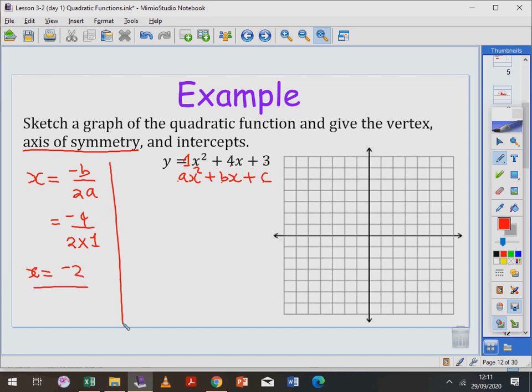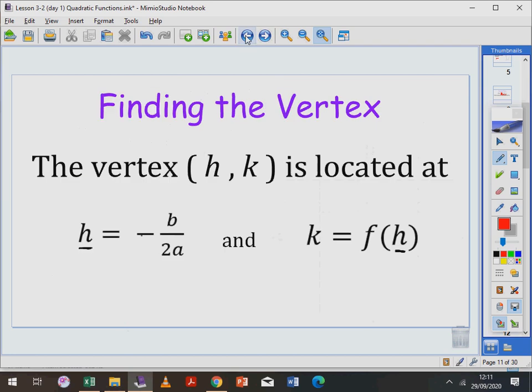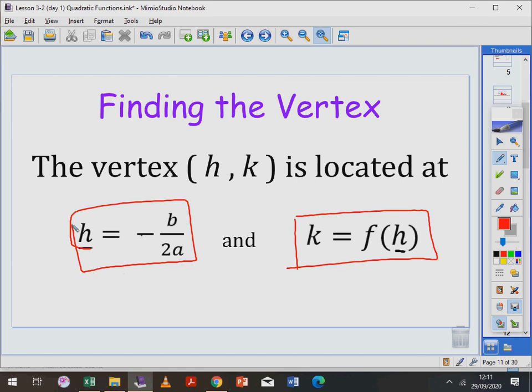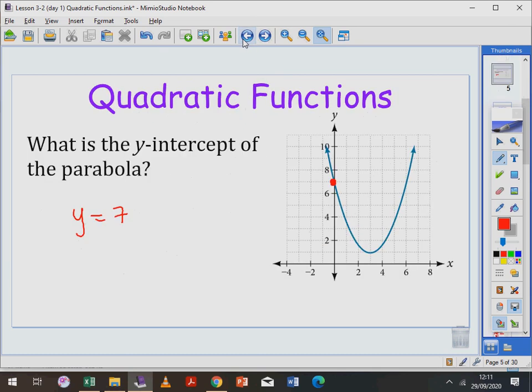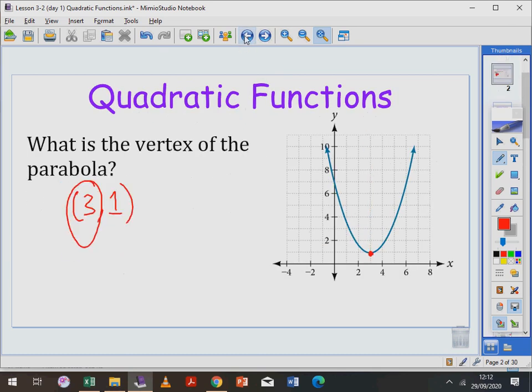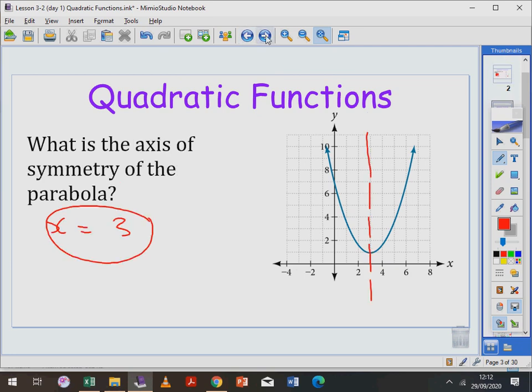Now, going back to how to find the y value of the vertex: because I have already found the axis of symmetry, it also doubles as the x value of the vertex. Again, taking you back a little, I told you in the earlier example that the vertex, which was the turning point, is always at the x value of the axis of symmetry.